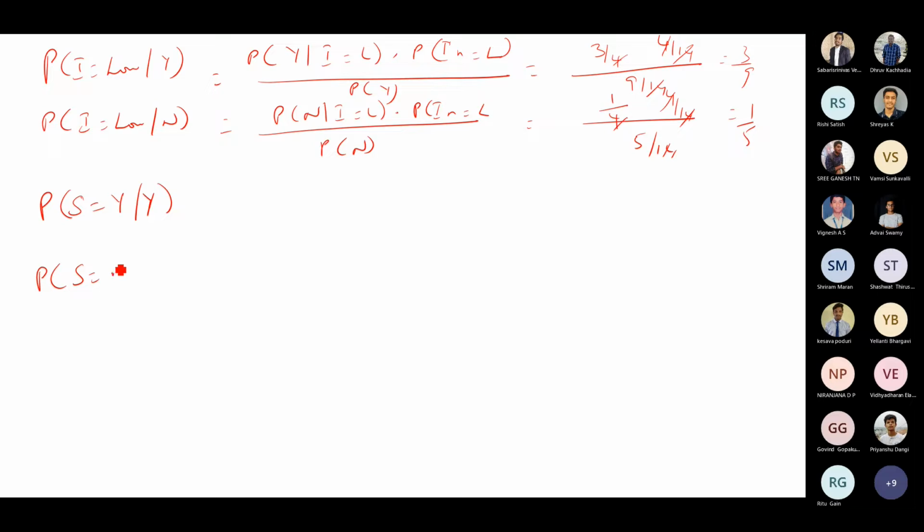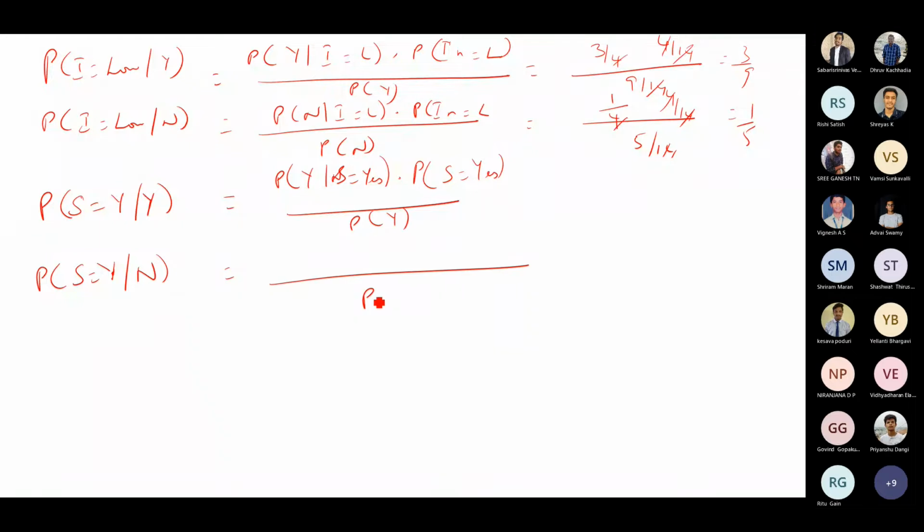Probability of student is equal to yes given not buying computer is equal to no. This is equal to probability of yes given student is equal to yes multiplied by probability of student is equal to yes divided by probability of yes. Similarly here probability of no given student is equal to yes.